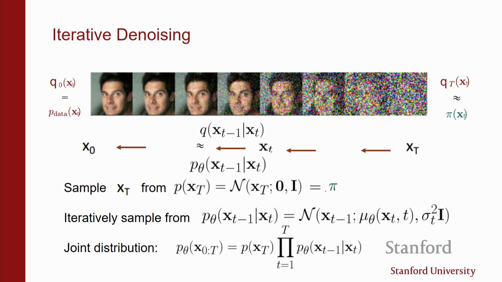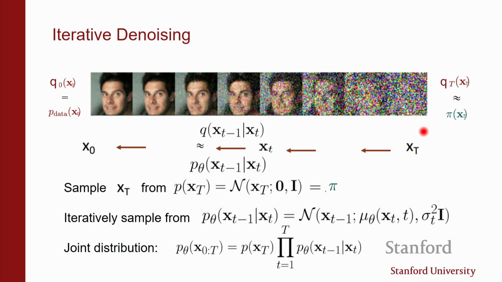And so more specifically, this basically defines a joint distribution, which is going to be our generative distribution, which essentially corresponds to that sampling procedure that I just described, where there is a prior distribution over the rightmost variable, this xt, which we know comes from a simple distribution like a Gaussian.